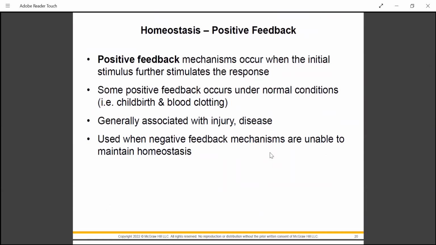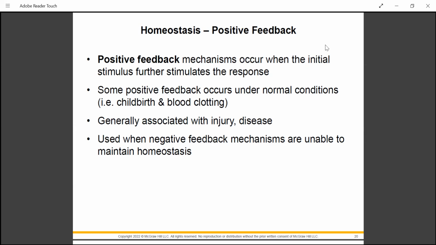So positive feedback is the other type of feedback. This typically does not occur, and you can think of this as a stack on one another. So the initial stimulus causes an increase in stimulus and amplifies the response. So instead of opposing the response, now the response is going to be amplified.